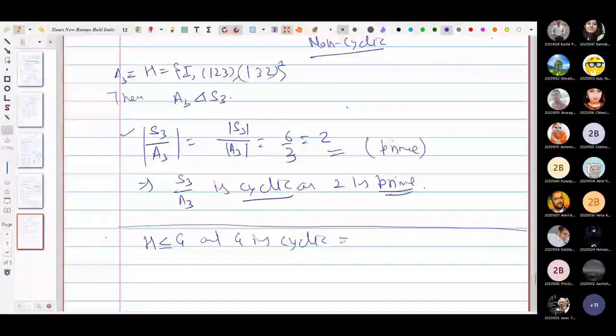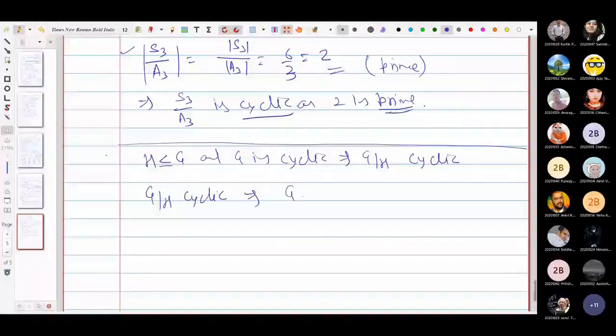Okay. So now we have an example for the converse. What will be the converse of this? G by H cyclic would imply that G is cyclic. All right.